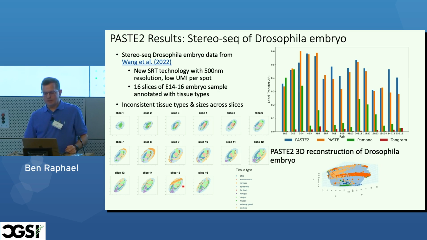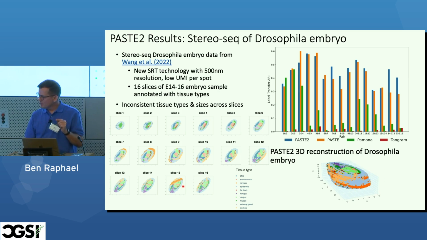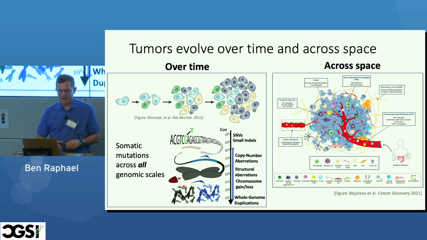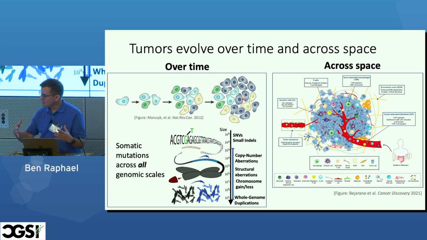All right. Well, wow, I talked fast this time, which is great, because then I can show you the very last bit. Now that we have PASTE, we could start to look at another application, of great interest in my group, which is tumor evolution, looking at how tumors evolve. For a long time in my group and many others, we've been looking at how tumors evolve over time by accumulating somatic mutations.